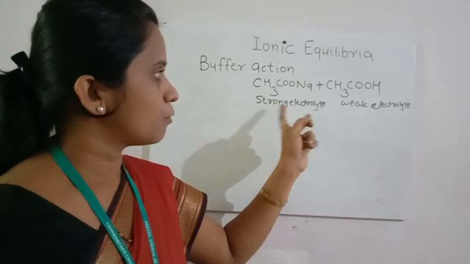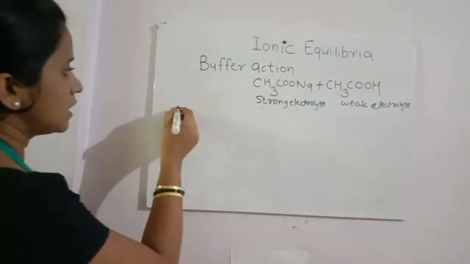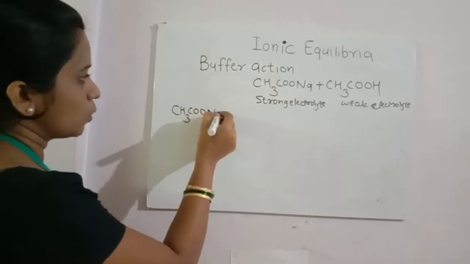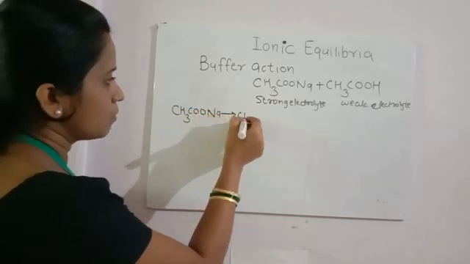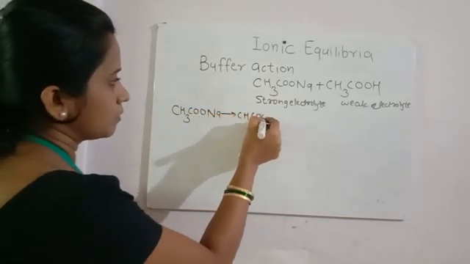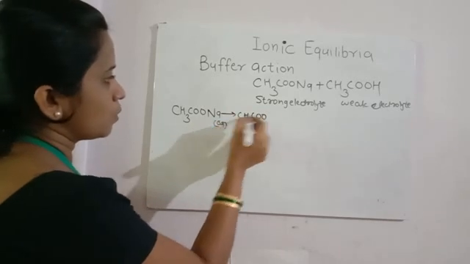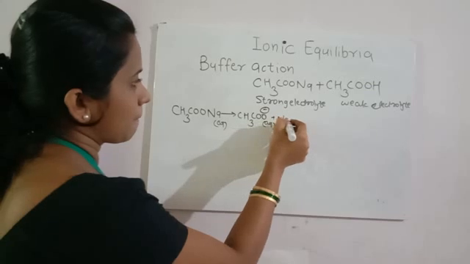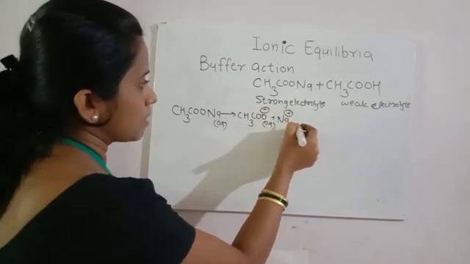So first, for strong electrolyte, reaction will be CH3COONa will give CH3COO minus plus Na plus.